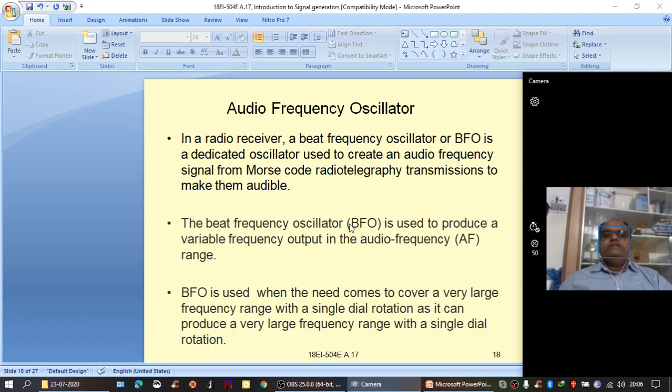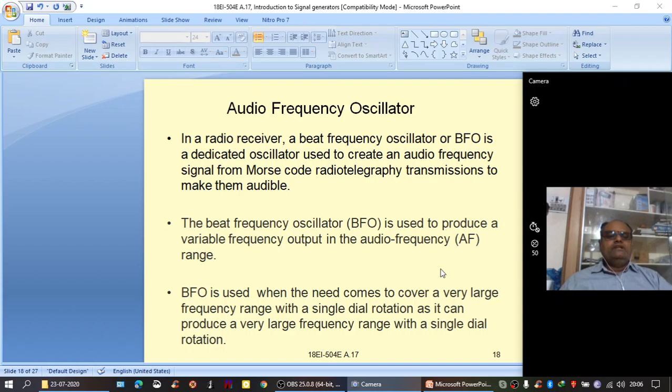The beat frequency oscillator is used to provide a variable frequency output in the audio frequency range. BFO is used when the need comes to cover a wide range of frequencies with a single dial rotation.